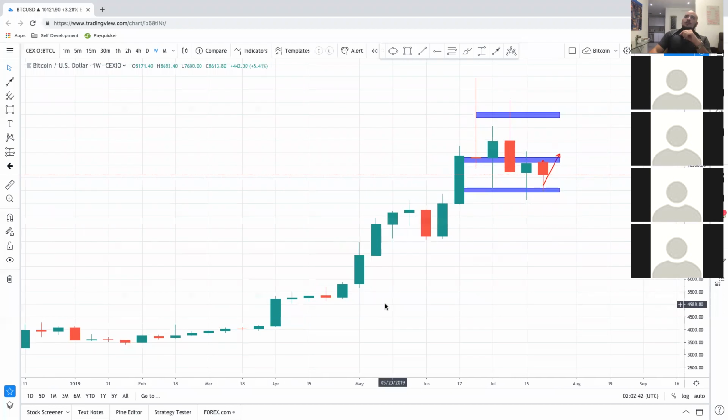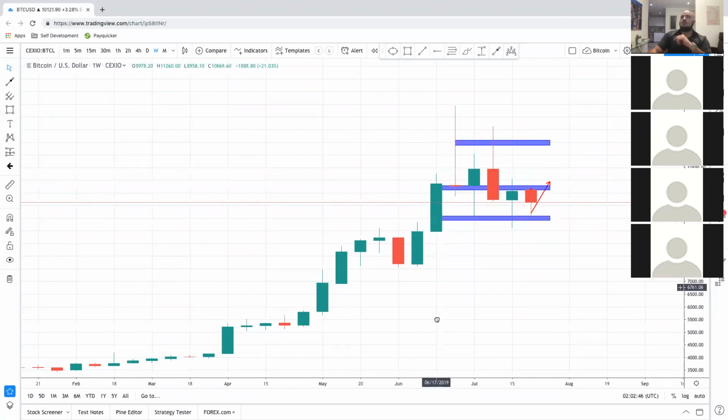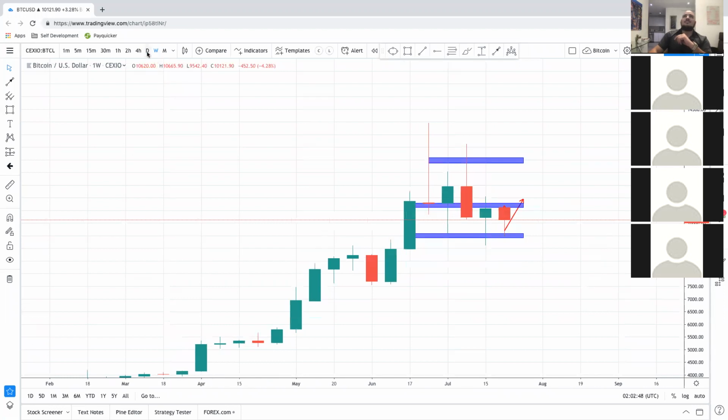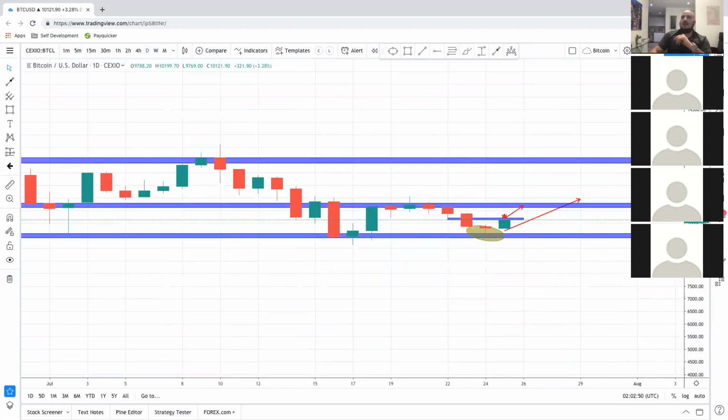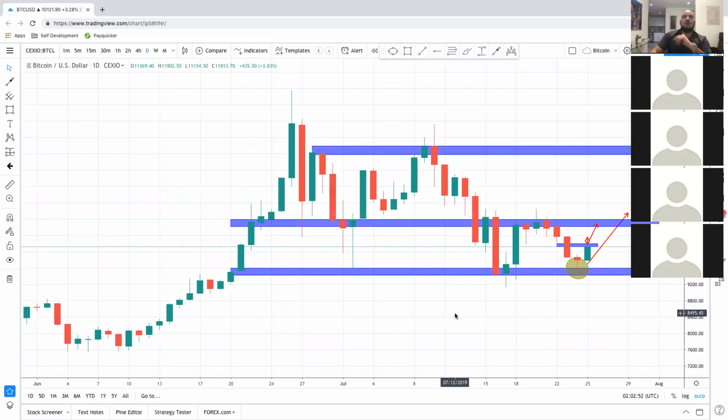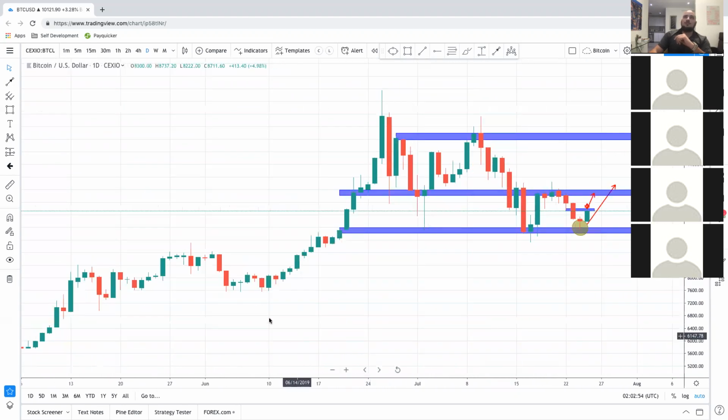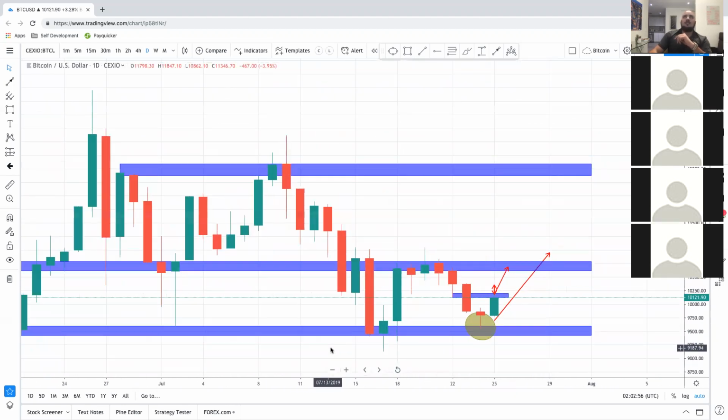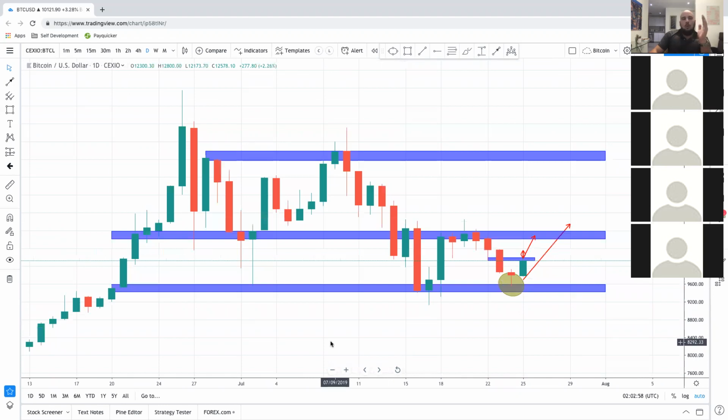So you're going to look at the overall trend on the weekly, and you're going to get some zones on the weekly. The daily is really just a magnifying glass of what the weekly was doing. But guess what? We know it's on an uptrend, but now we realize something, guys. What is Bitcoin doing right now on the daily? Who wants to tell me what it's doing right now on the daily?